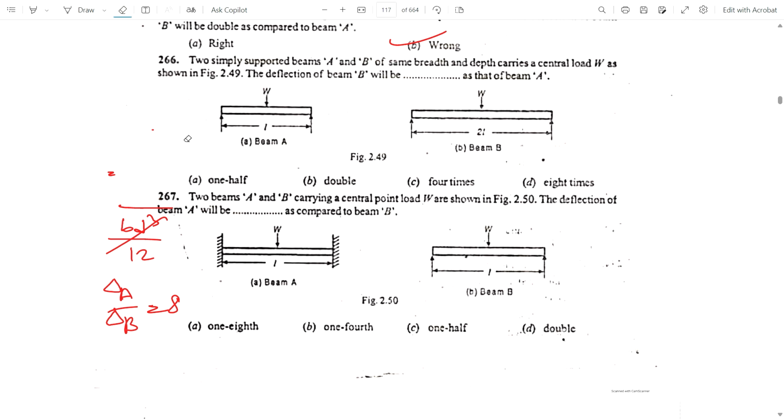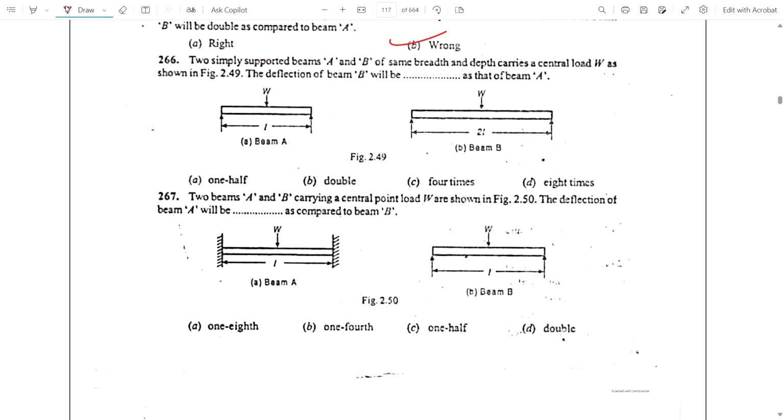266: two simply supported beams are given. In this question they give the length L and 2 times L. We need the ratio of the deflections of the beams, del A by del B. Del A is WL cubed by 3EI, and del B has 2L, so (2L) cubed by 3EI.